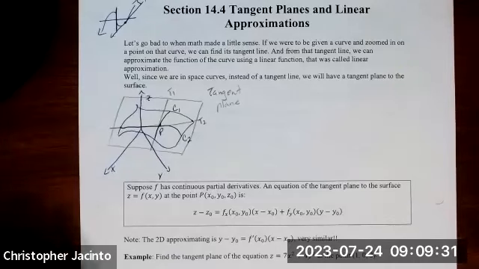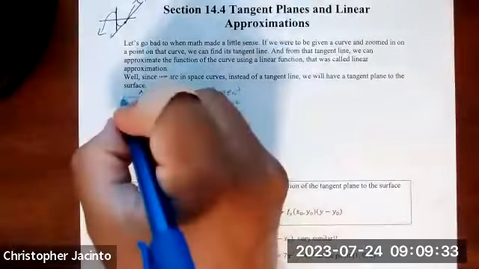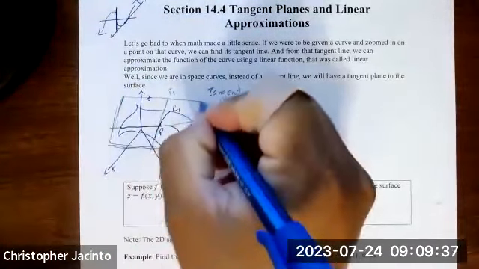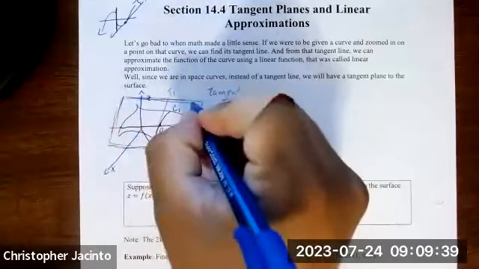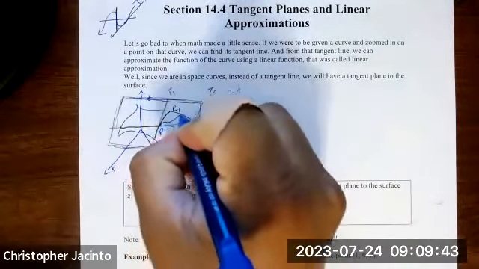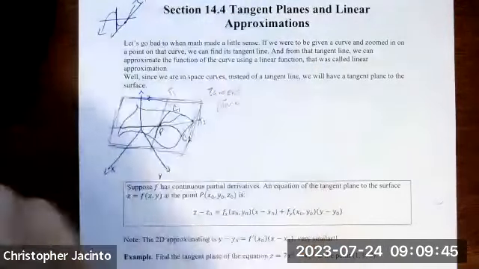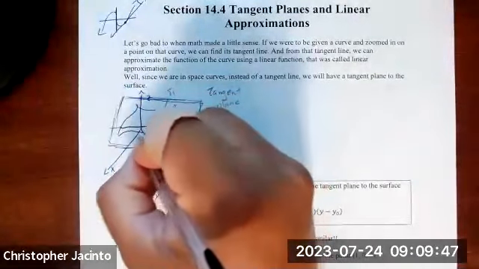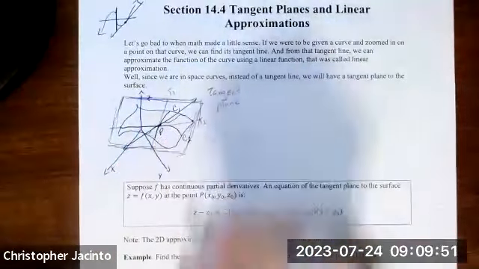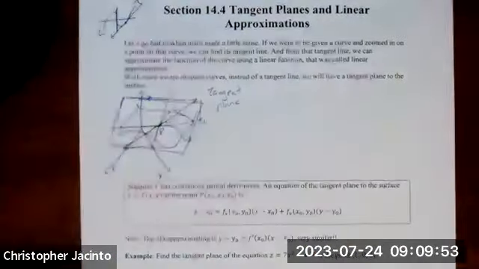Okay. But the cool thing is this entire plane right here of this tangent plane represents the entire tangent lines through this point, meaning if I make another curve here, C3, and if I find its tangent line, it's also on the tangent plane.